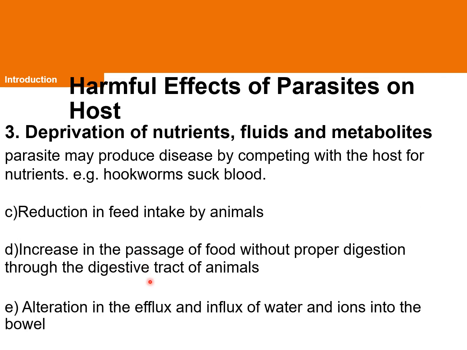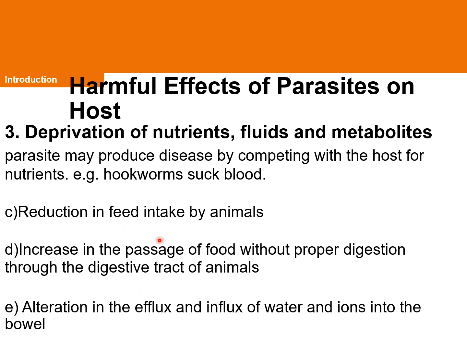And then also there is reduction in feed intake by animals. There's reduction in feed intake by animals. Yes, because when, for example, a host has got an infection, they might reduce in feeding, and that is what we are terming the deprivation of nutrients. All these things can be insufficient.